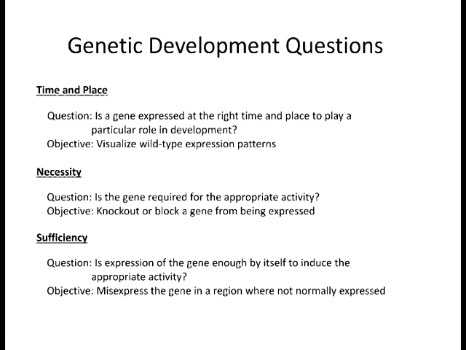And then the other question we ask is sufficiency. Let's say it is necessary. Then we want to know if that gene alone is responsible for the development of those tissues, or are there multiple genes involved in that process? So sufficiency is usually done by misexpression.